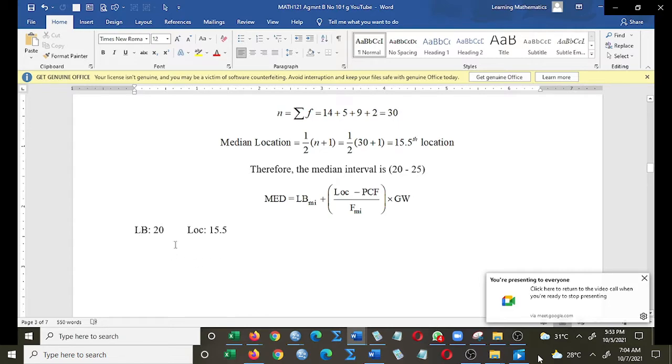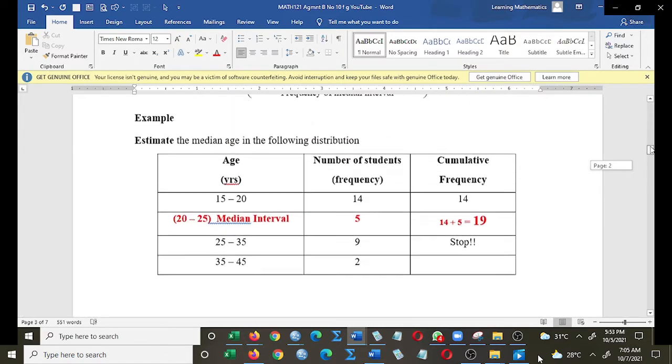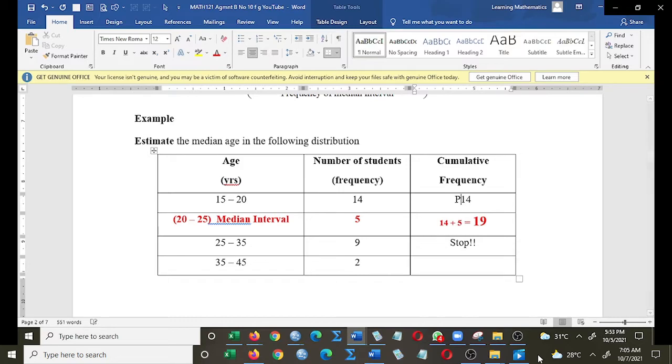We have the lower boundary. We have the location. Cumulative frequency. The previous cumulative frequency. The previous cumulative frequency is the cumulative frequency just before you stop.